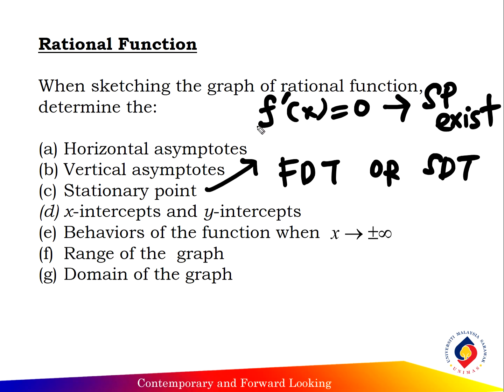You let the first derivative equal 0 to find the relative maximum or relative minimum point. Using the first derivative test, you draw the table of the value of x, the sign of the first derivative, and the shape of the tangent, and determine the relative extremum point, maximum or minimum, or use the second derivative to find the relative maximum or minimum point.